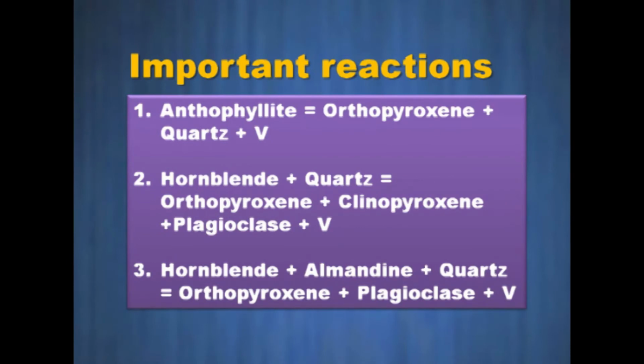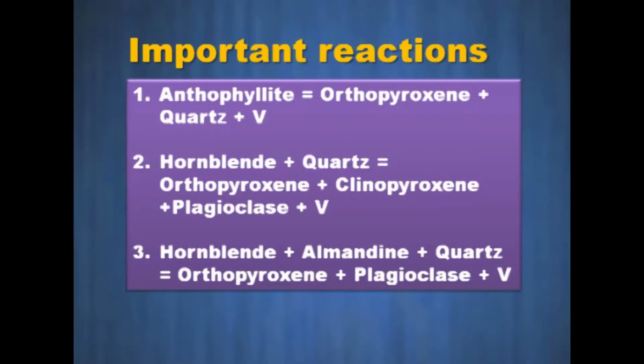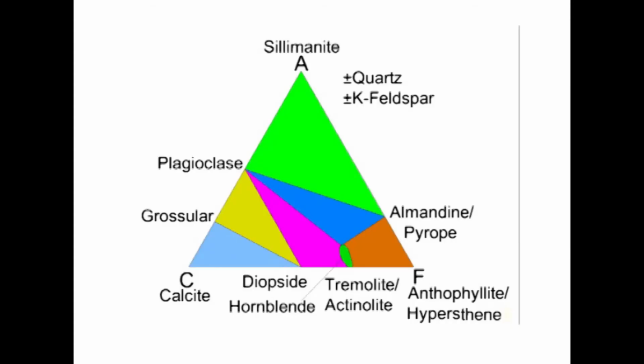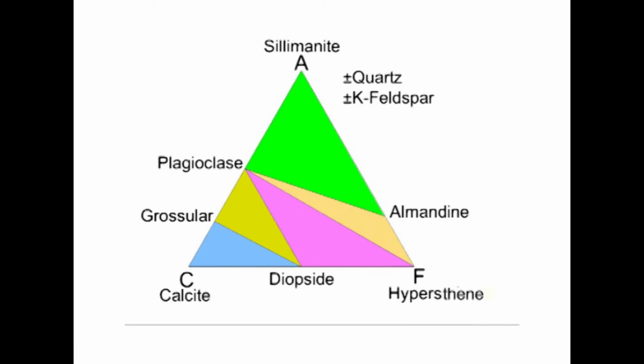Important reactions: a number of metamorphic reactions have been suggested to account for the diagnostic appearance of orthopyroxene. Reaction first: anthophyllite breaks down and gives rise to orthopyroxene plus quartz plus vapor.